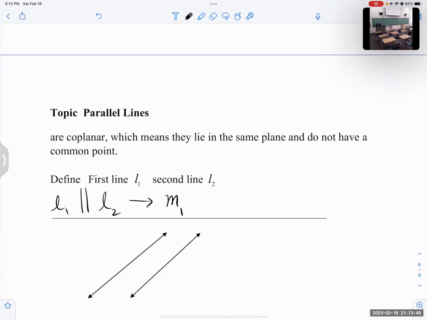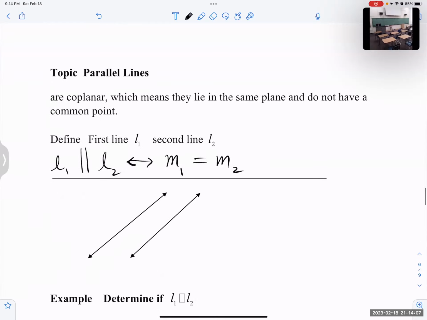So m sub 1, slope of line 1, is the same as the slope of line 2. Conversely, if slopes of two lines are equal, then going right to left, we can conclude that the lines are parallel.